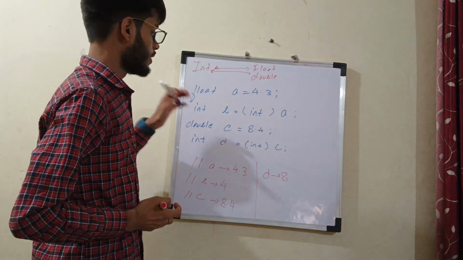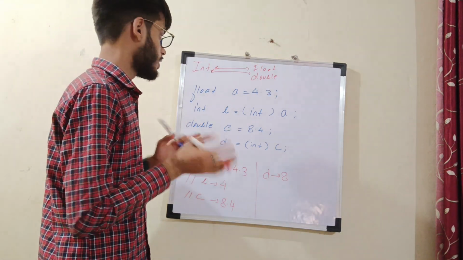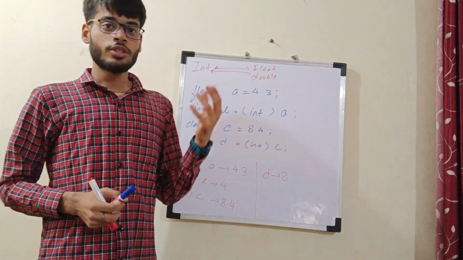These are basically the conversion of int to float, to int, double to int, and all. Now let's see how we can perform the conversion for string.